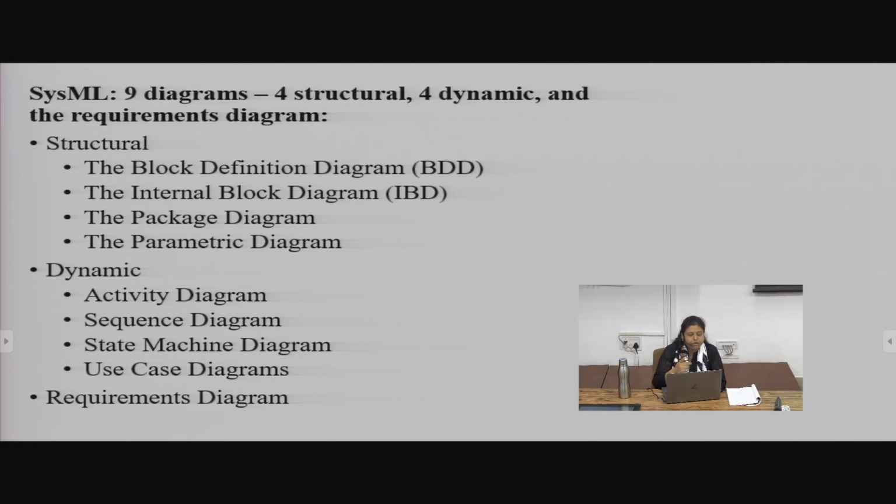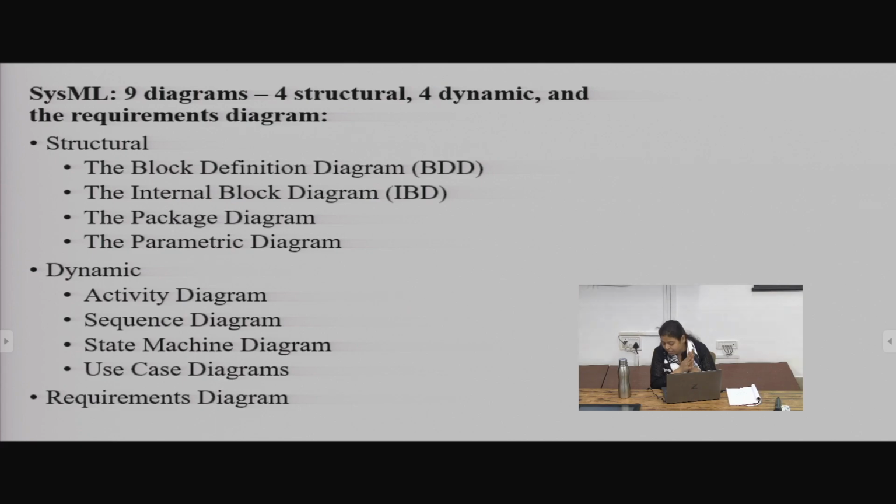Then the next four are under the category of dynamic diagrams, which express the dynamics, the logic, and the functionality of the system's features: activity diagram, sequence diagram, state machine diagram, and use case diagram. And the last, the ninth one, is the requirements diagram, right? So this is how we'll be using these nine SysML models in the next stage.